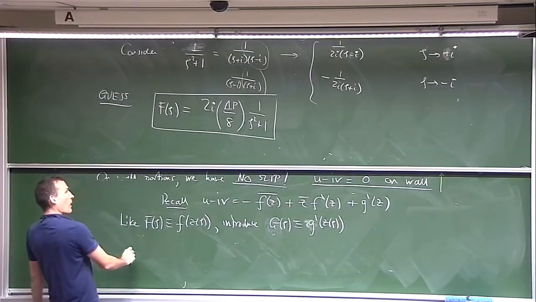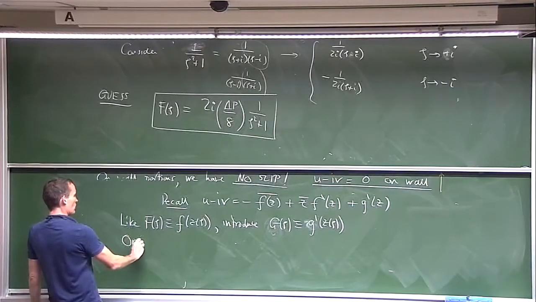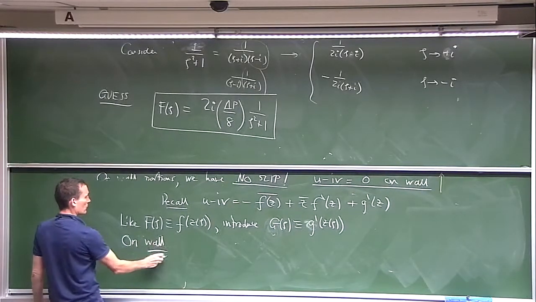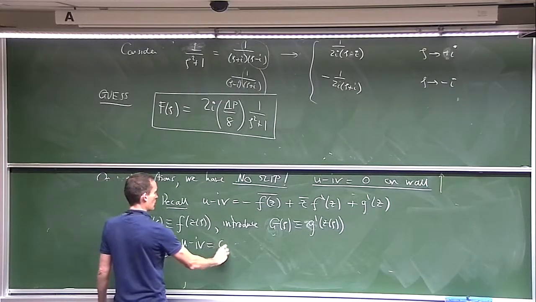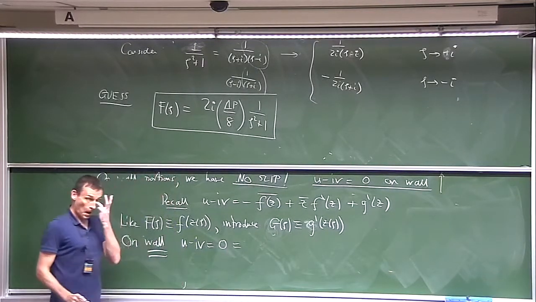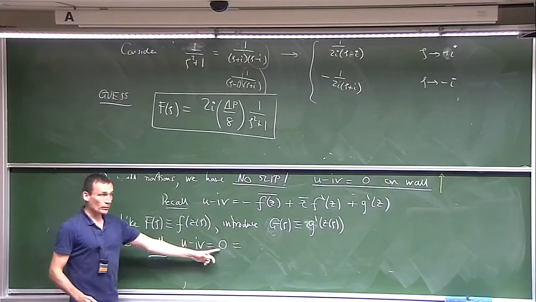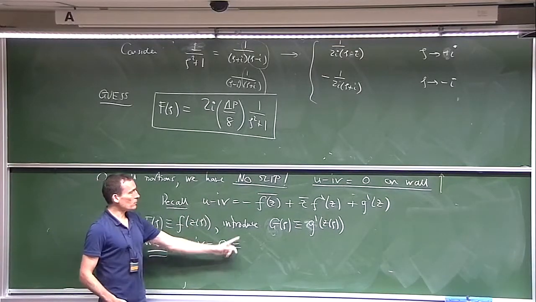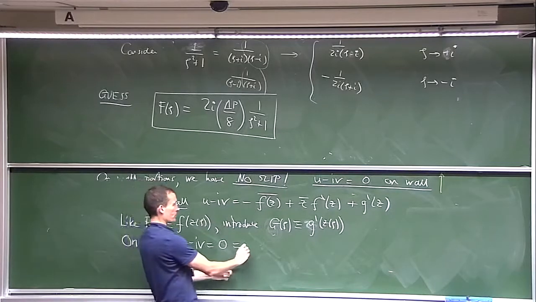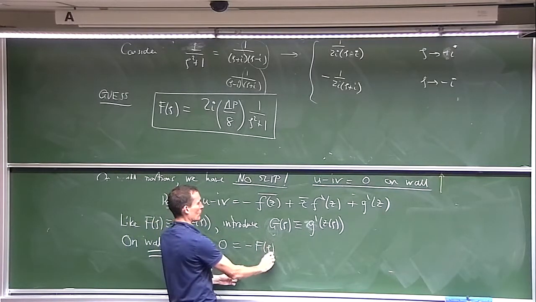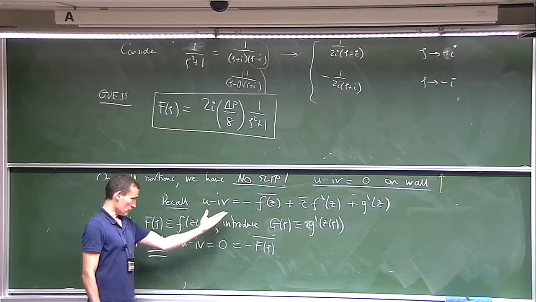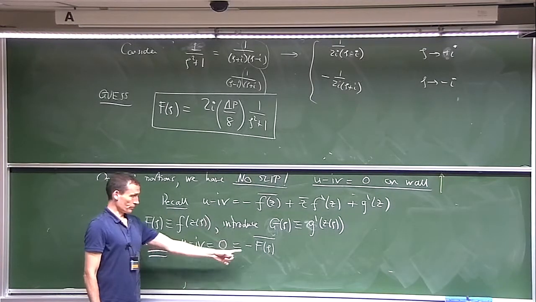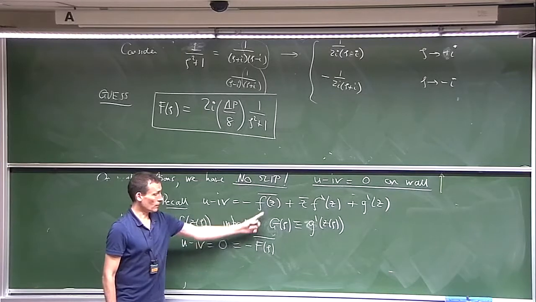Now, on the wall, u minus iv is 0, that's the boundary condition, and that's equal from this to, right? That's just F bar.